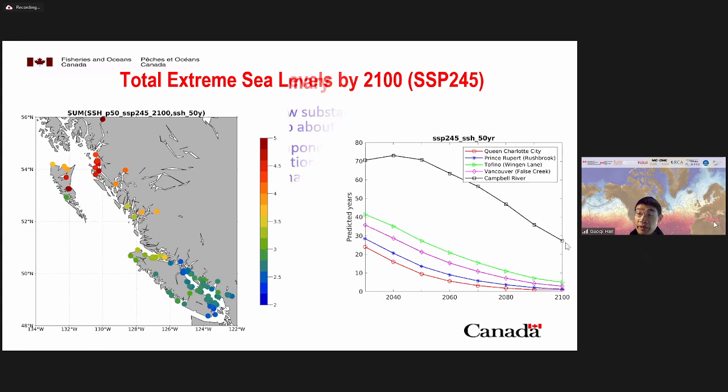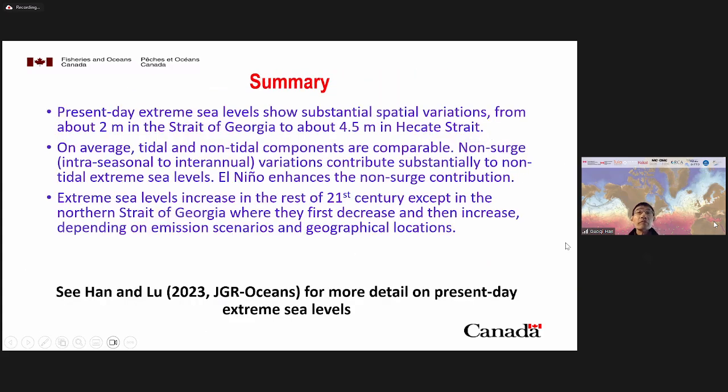Okay. So to conclude, present day extreme sea levels show substantial spatial variations. So from 2 meters in Strait of Georgia to about 4.5 meters in Hecate Strait. On average, tidal and non-tidal components are comparable approximately.